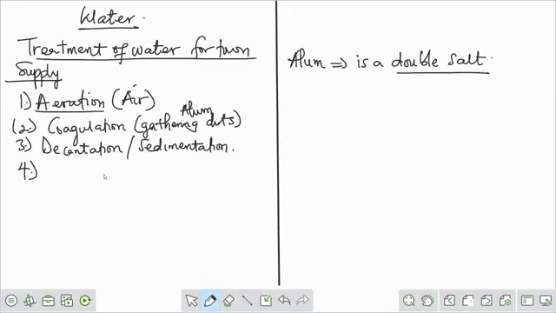Now we are moving to filtration. Filtration has to do with the use of a filter bed.